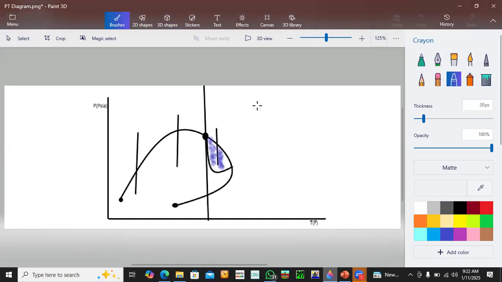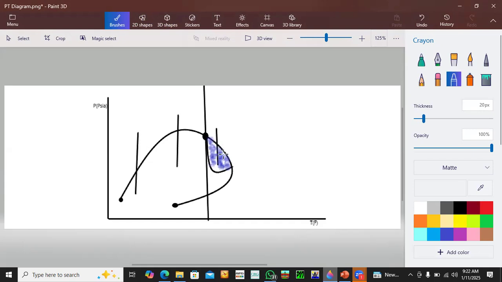This is our retrograde region. What happens within this region is that it exhibits a special anomaly whereby, upon crossing the dew point curve, it starts dropping condensates.